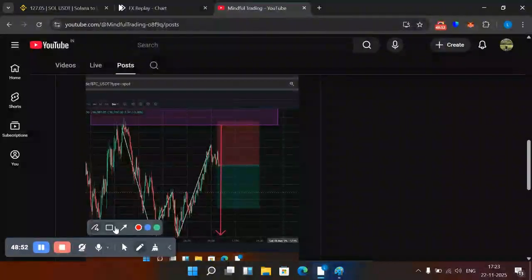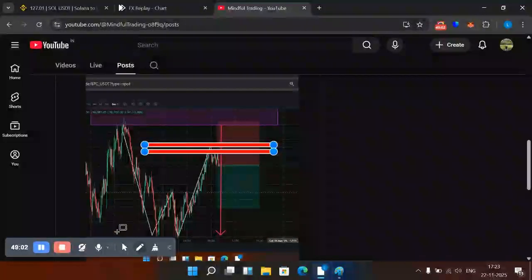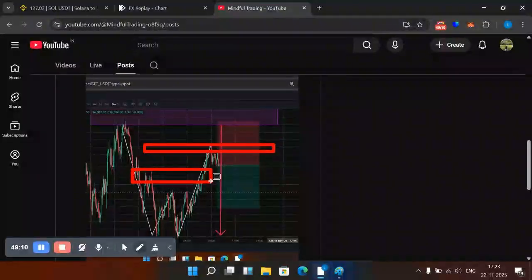So look at this now here. Fine. This is going to be our one area. Then our second area is going to be, let me look, this one.